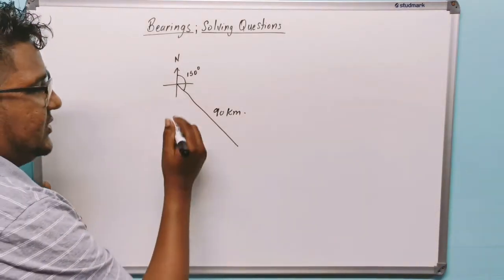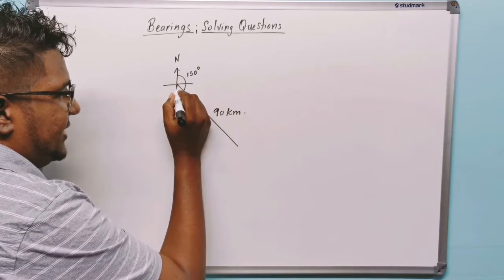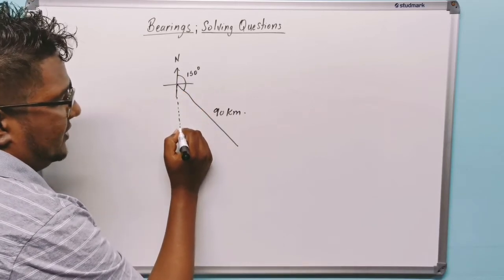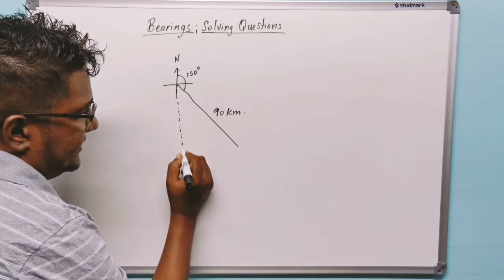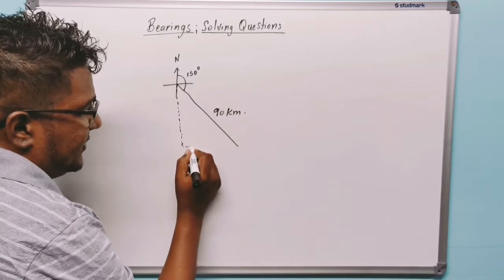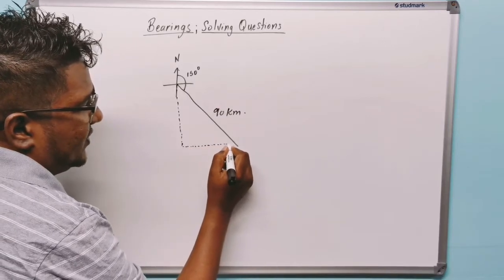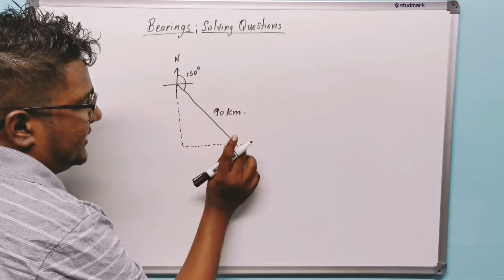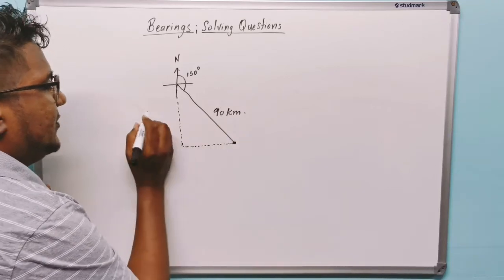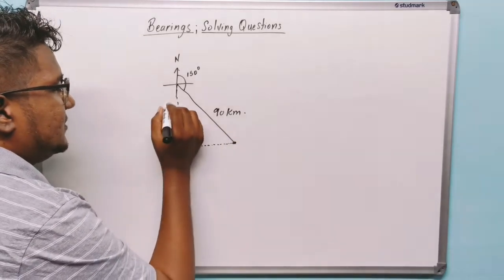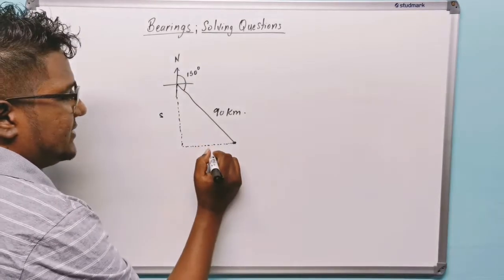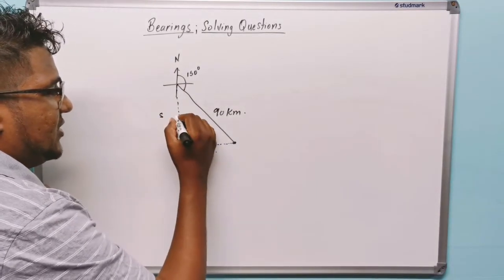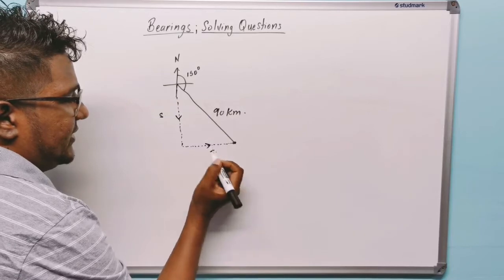So this is south, so the distance traveled south would be the distance coming down, and then the distance traveled east would be the distance going this way towards our point at the end there. Now remember, this is south and this is going east, so it's coming this way and then it's going that way.